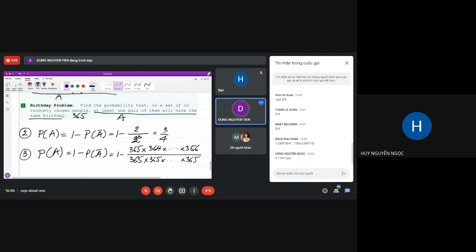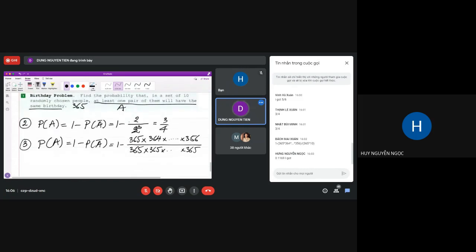So the first person has 365 options to choose for the birthday, right? And for the second person, because that person shouldn't have the same birthday as the first person, that would be 364 options, and the same for the others.